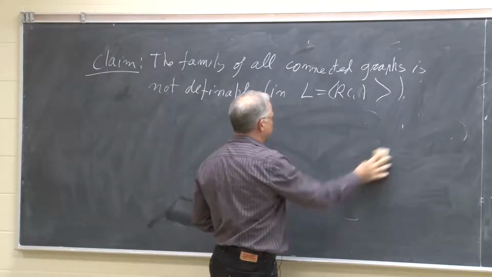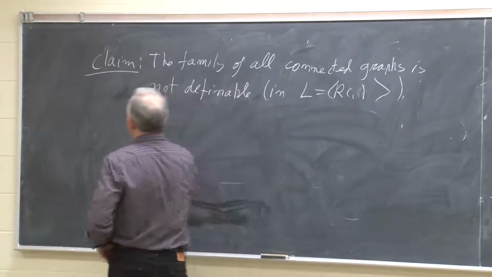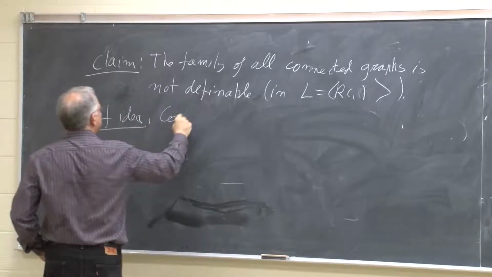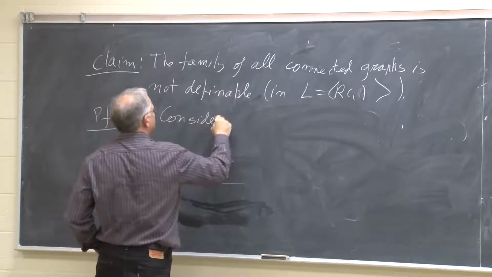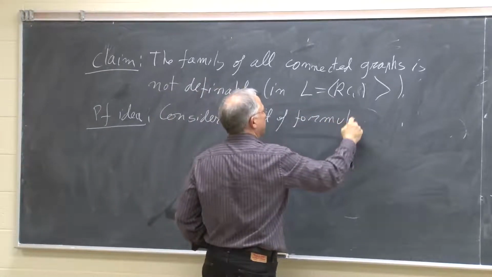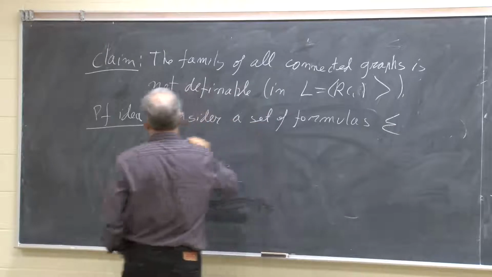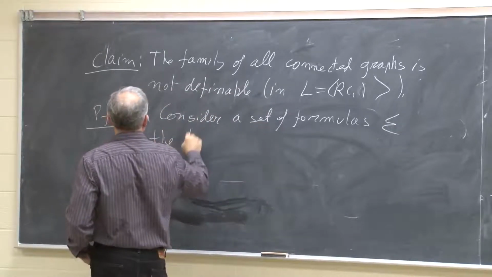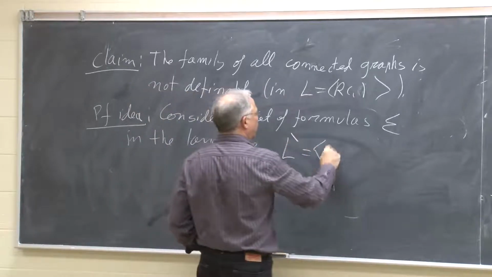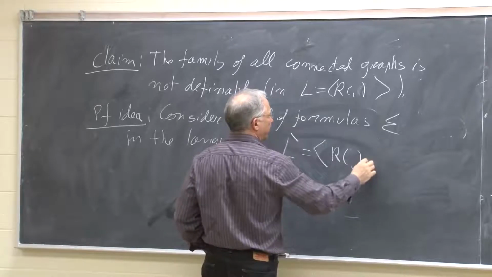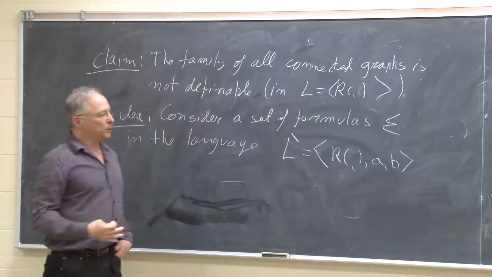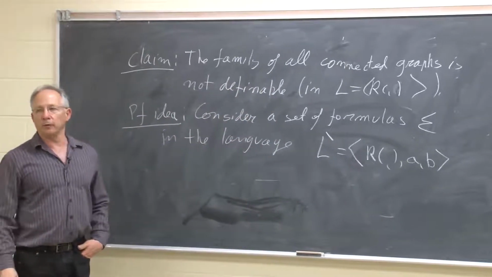And the idea will be to extend the language. So the proof idea is: consider a set of formulas sigma in the language L prime, which is the old language with R, but now I add two constant symbols, A and B. So I expand the language and write a set of formulas in this new language.